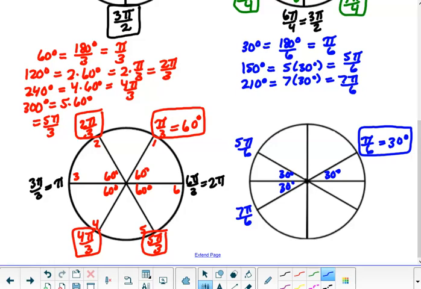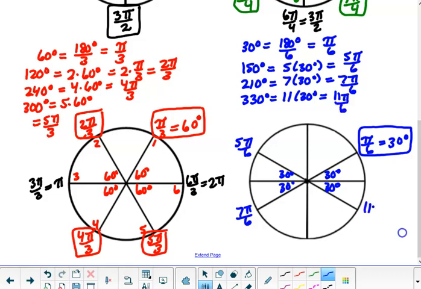The last one in quadrant 4 that has a 30-degree reference angle is 330. 33 is 11 times 3, so 330 is 11 times 30, or 11 pi over 6.